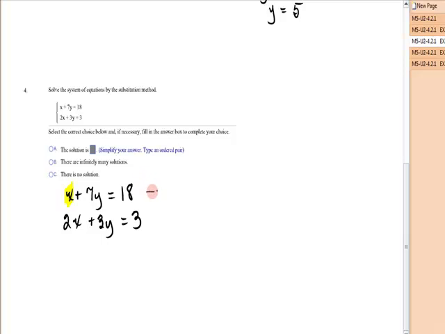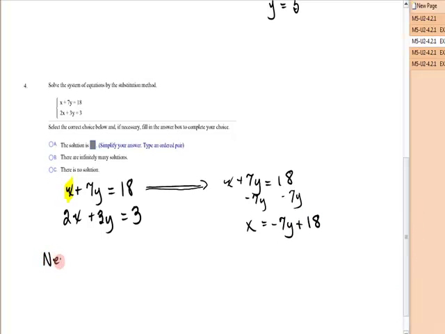I'm going to take this equation off to the side, and I have x plus 7y is 18. Subtract 7y, and I get x is equal to -7y plus 18. And you were welcome to have 18 minus 7y. It wouldn't matter.